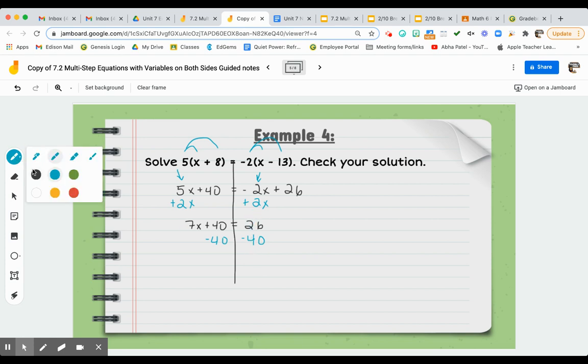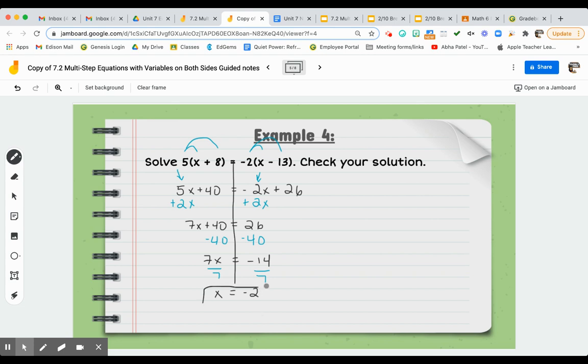So that's going to be 7x is equal to 26 minus 40 is negative 14. Divide by 7. So you're going to end up getting x equals negative 2. Right? 26 and 14 is 40.